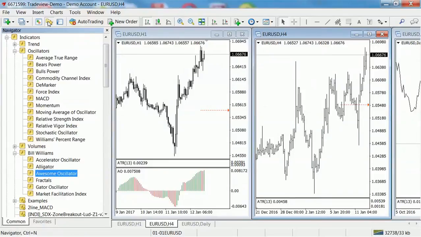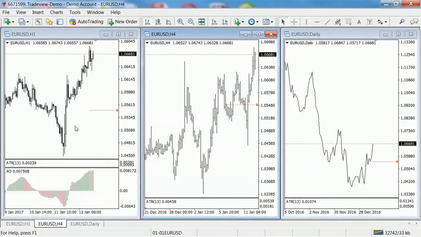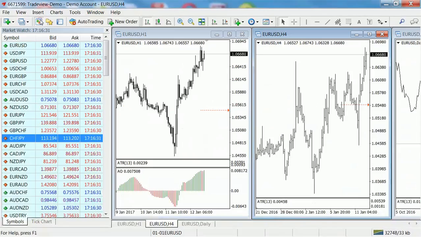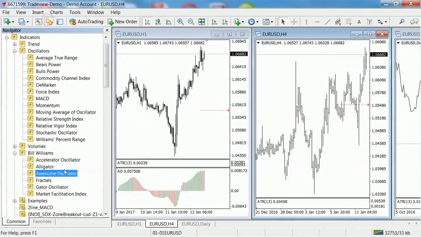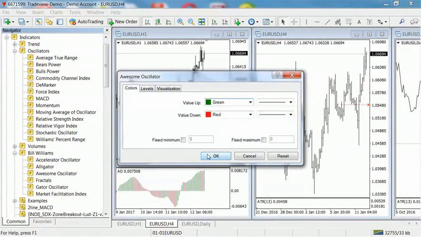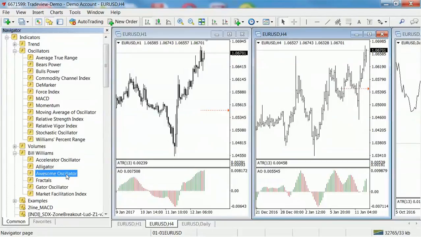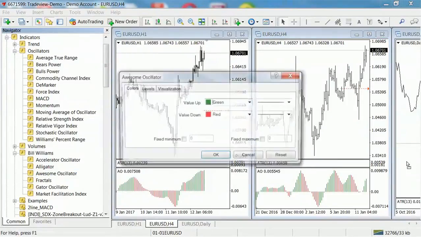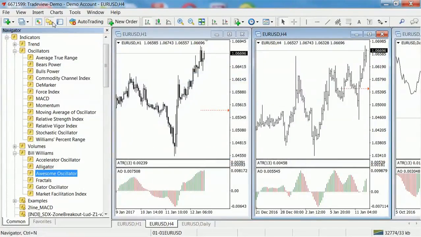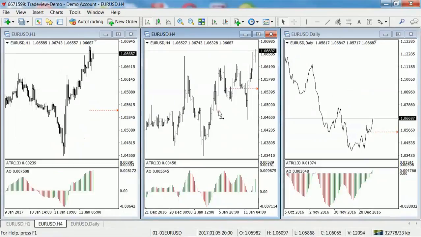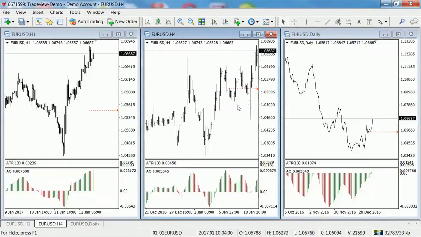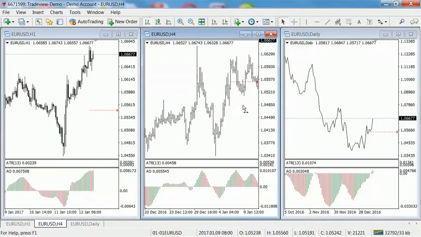Let's put another Awesome Oscillator there on the 4-hour chart, and another one there. So why was this one not working?